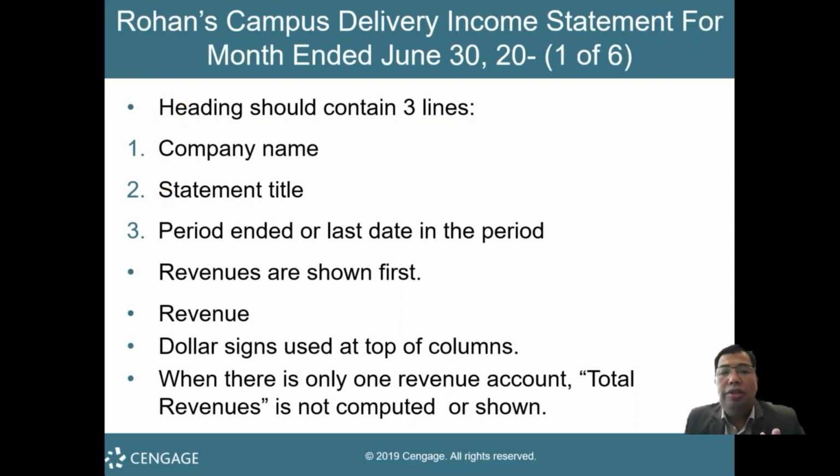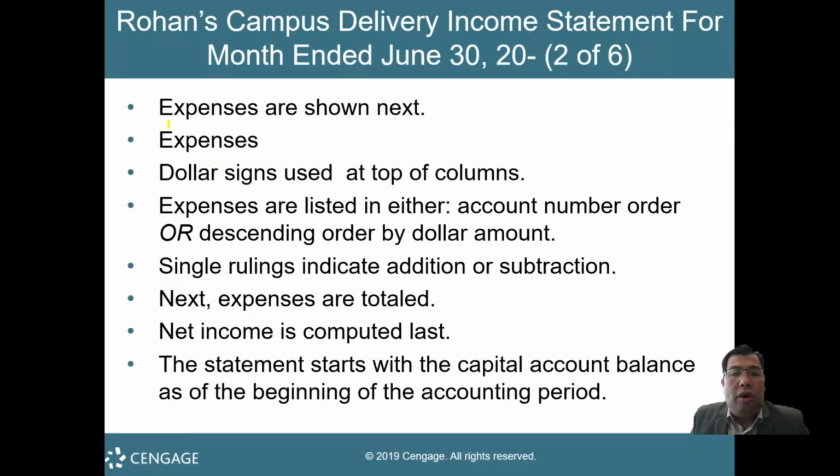All these statements should come with the company name, the statement title, and the period. The income statement starts with revenue first. You don't start with expenses, you start with revenue, then you put the dollar sign, and finally all the expenses. It's very straightforward.